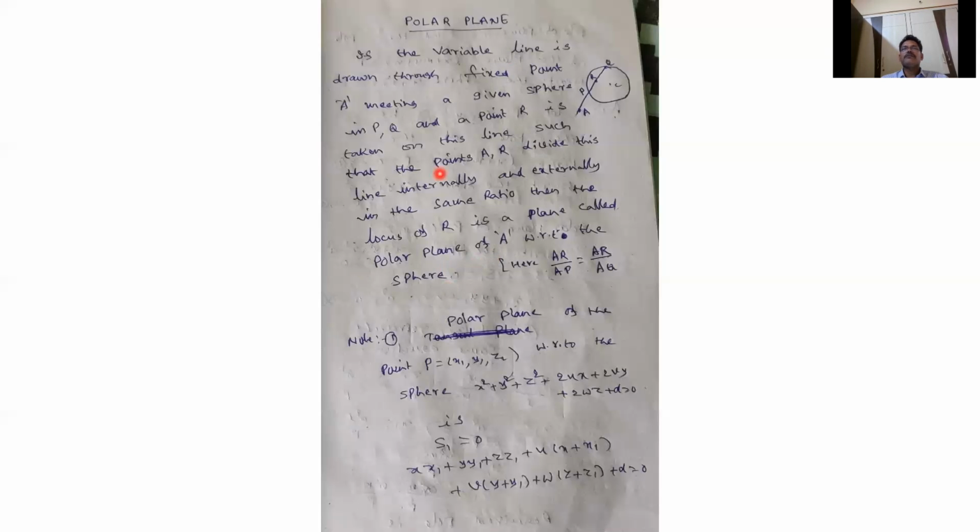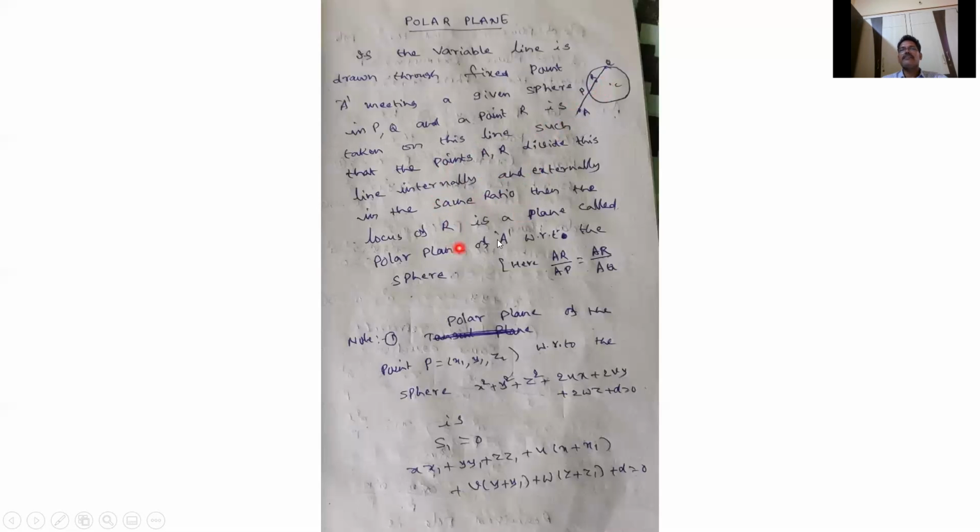So polar plane means: suppose a line is drawn through a fixed point A. It meets the given sphere in P and Q. A point R is taken on this line such that the points A, R divide this line internally and externally in the same ratio.